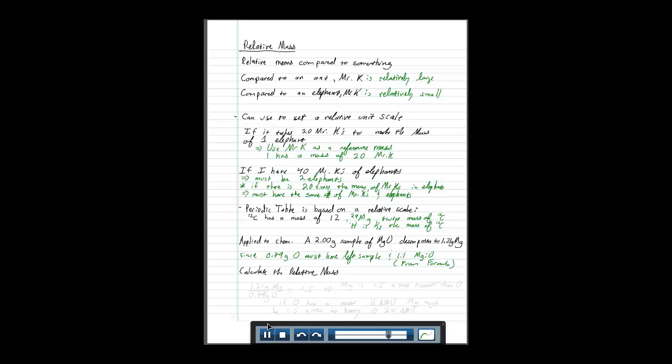We can calculate the relative mass of magnesium compared to oxygen. So, if we have 1.21 grams of magnesium compared to 0.79 grams of oxygen, that's equal to 1.5. So what we can find out is magnesium is 1.5 times heavier than oxygen.